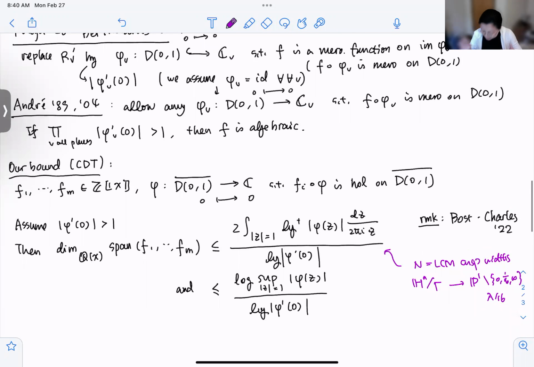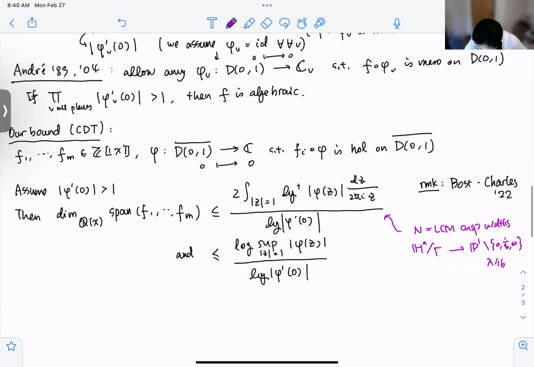And we know that all the local monodromy in this ramified cover is divisible by N. That's why locally, if we work with lambda over 16 to the 1 over N, we resolve the local monodromy at cusps above 0.